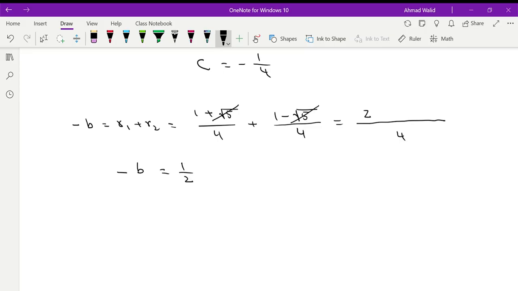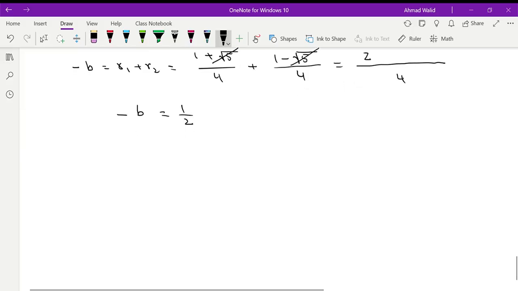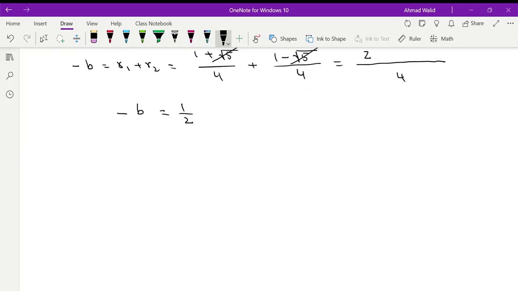Okay, now I have the first term, I have the constant, I have the coefficient of x, and I can write the quadratic equation, right? Then my quadratic equation, the form is first term x squared, negative b is 1/2.